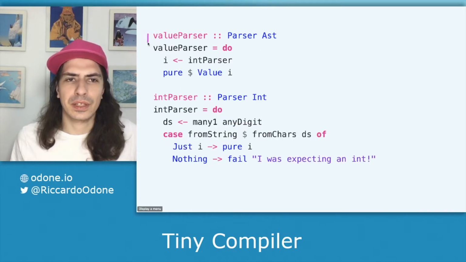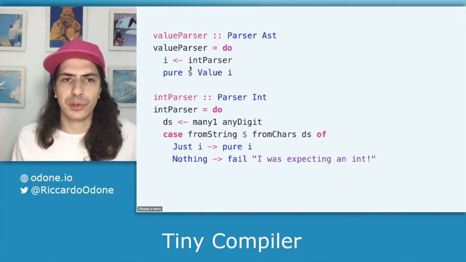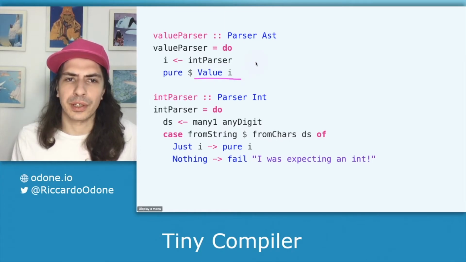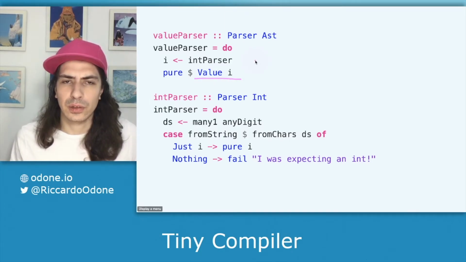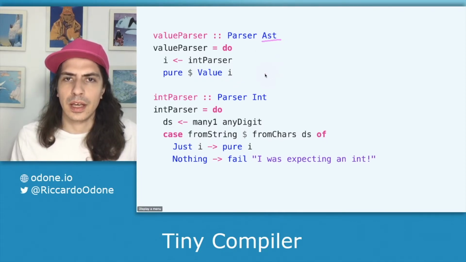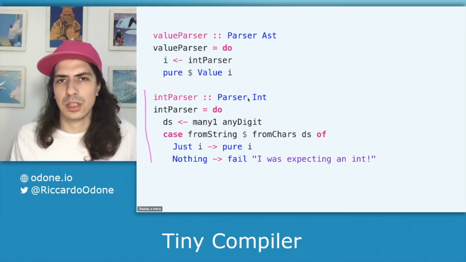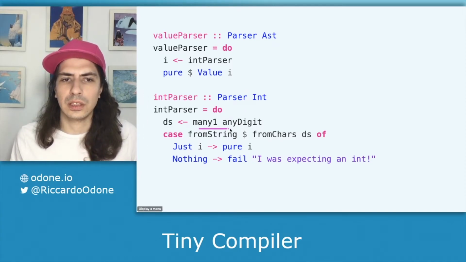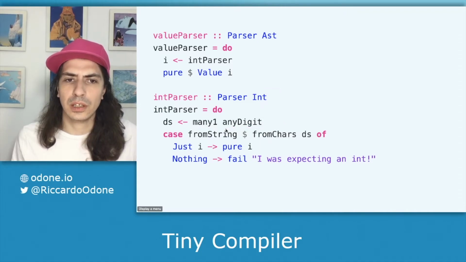Lastly, we have the value parser, which is just looking for an integer, and then it wraps it into our value constructor, which is of type AST. The int parser, which is defined here, is doing nothing else than collecting all of the digits found in the string and then trying to convert them into an integer.